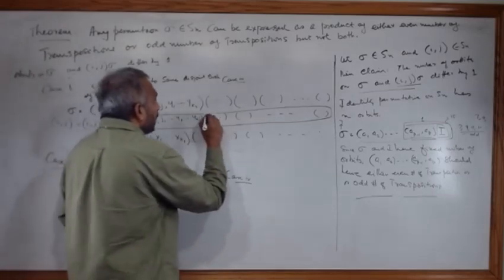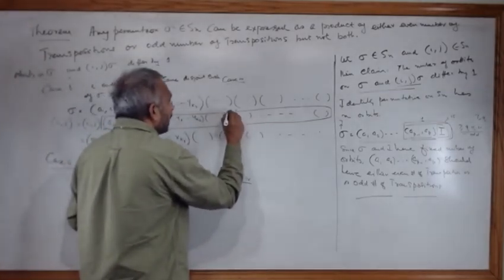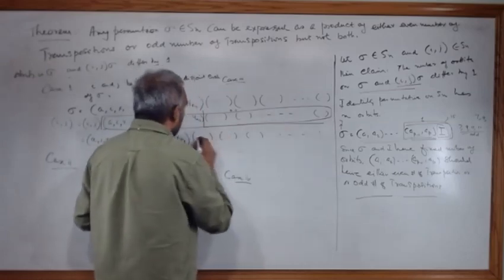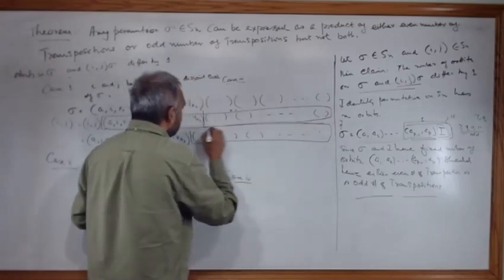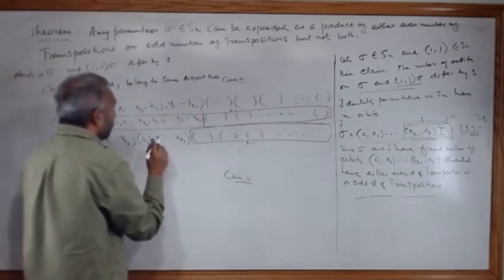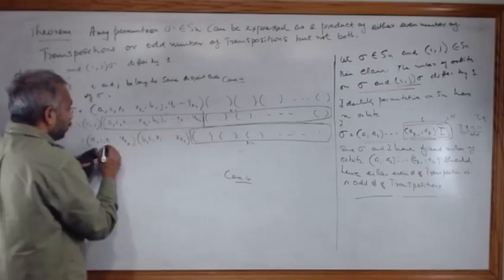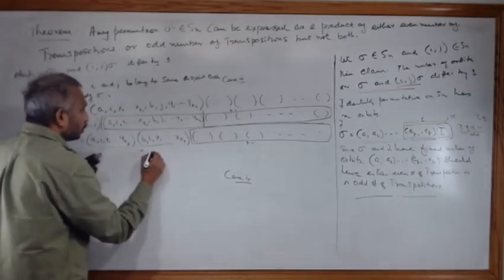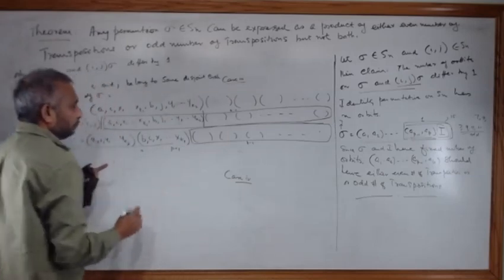So if you have p minus 1 here, you have p minus 1 here, but in here, this is split into 2, so there are 2 here. So totally it will be p plus 1.